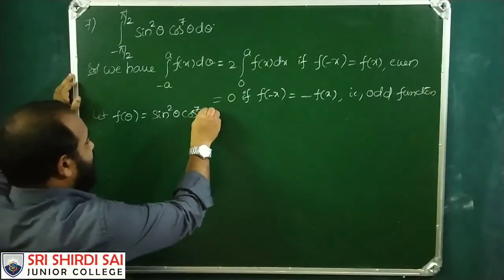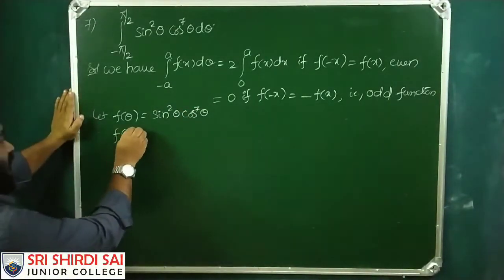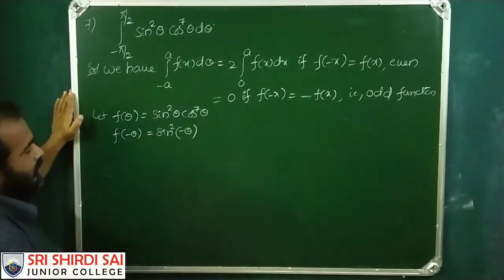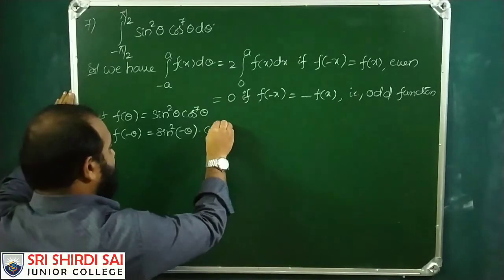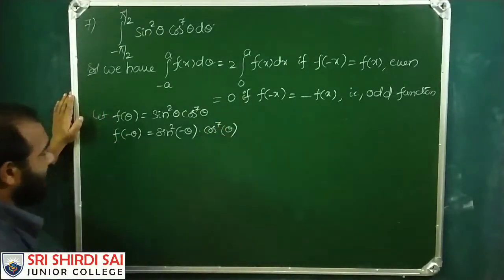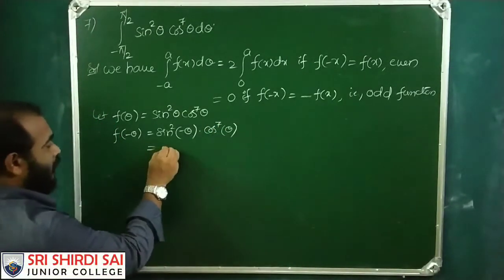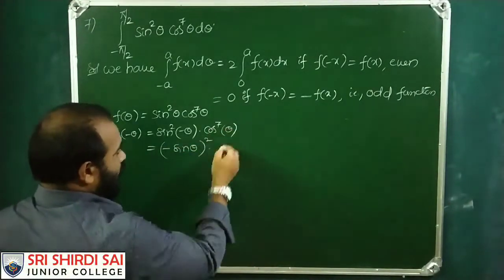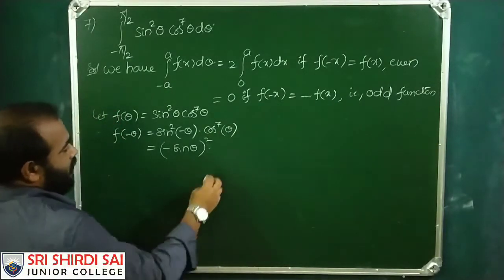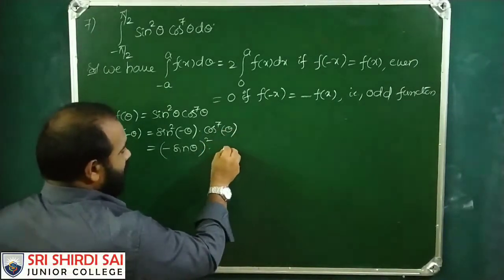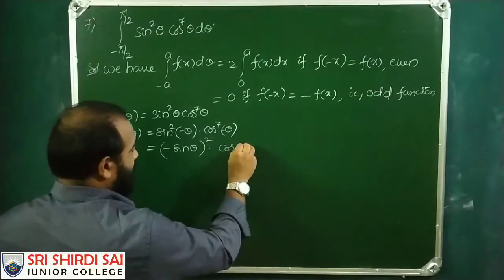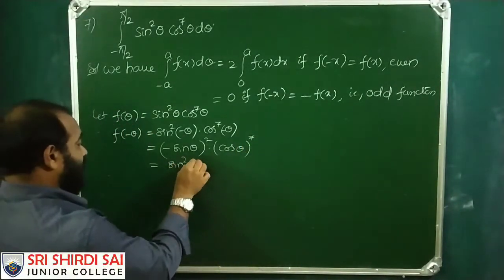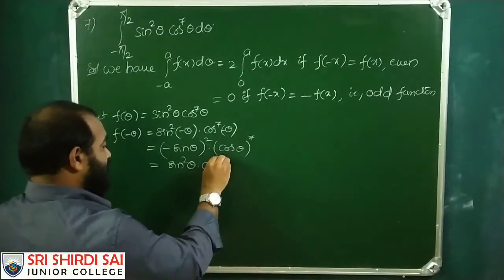power 7 theta. F of minus theta is equal to sin square of minus theta into cos power 7 theta. Sin minus theta is minus sin theta, whole square, into cos power 7, cos minus theta is cos theta, whole power 7. This is equal to sin square theta into cos power 7 theta.